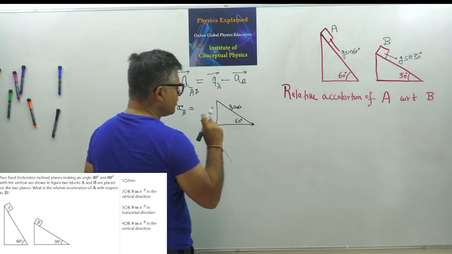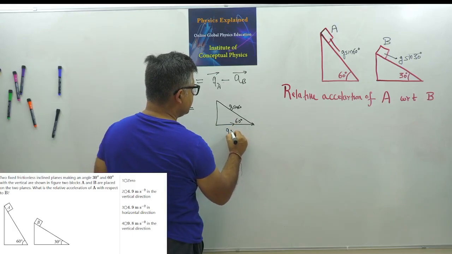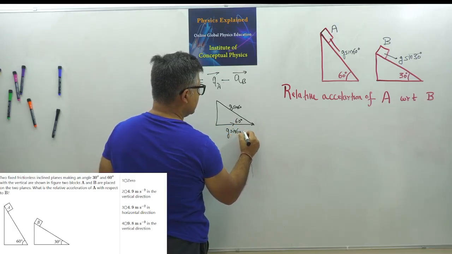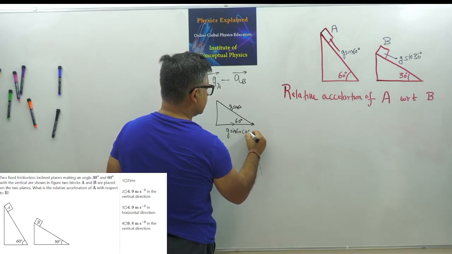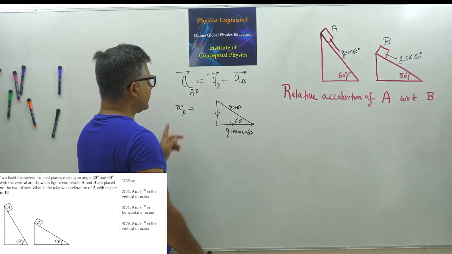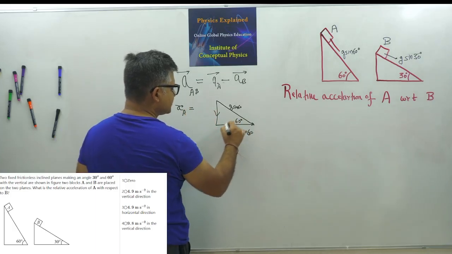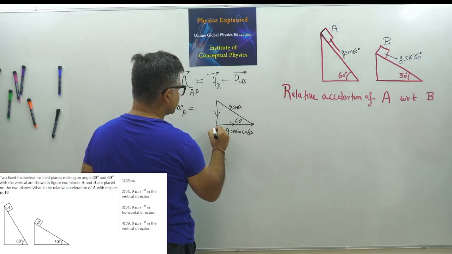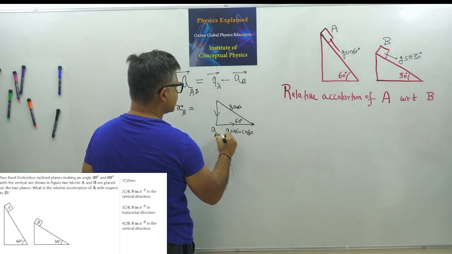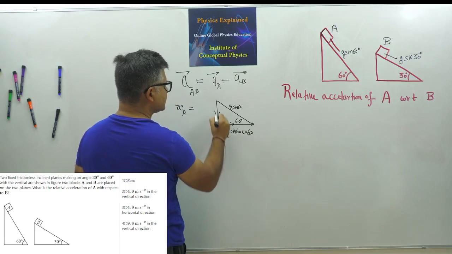So one of my components, which is the horizontal component, is g sine 60 cos 60, right? So this is my horizontal component, a_Ax.